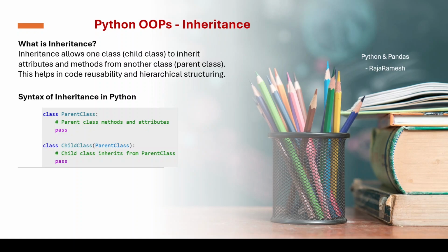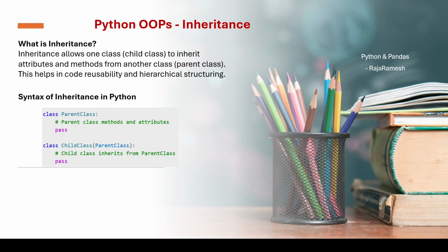And if we are using parent class as base class, then we say child class as derived class. And similarly, if we term parent class as superclass, then we term child class as subclass. Got it? And this subclass inherits from the parent class, and the child class can use all non-private methods and attributes of the parent class. We will see some examples for that.